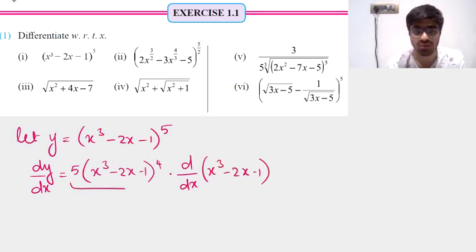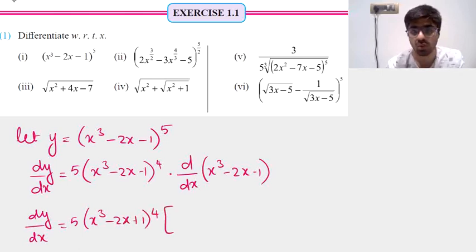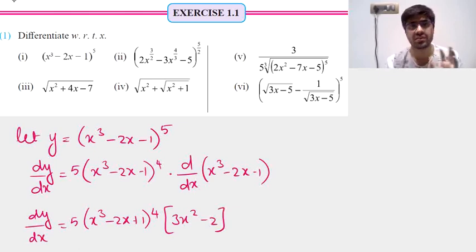So the final dy by dx is going to be 5 into (x cube minus 2x plus 1) the whole power 4, multiplied by 3x square minus 2. That's the very trick that you need to learn in this entire exercise.